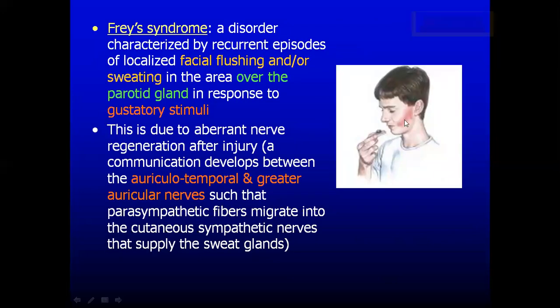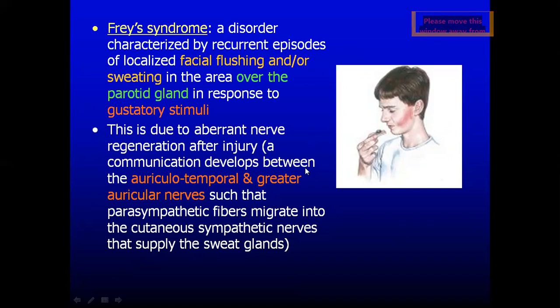There is a condition called Frey syndrome, a disorder characterized by recurrent episodes of localized facial flushing. That means the skin of the face becomes red, hot, and there may be intensive sweating in the area over the parotid gland in response to gustatory stimuli. This is due to aberrant nerve regeneration after injury.